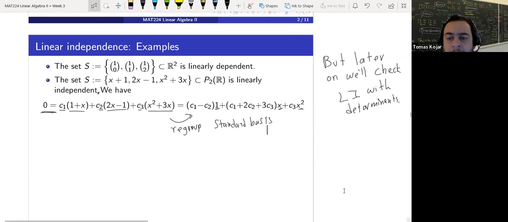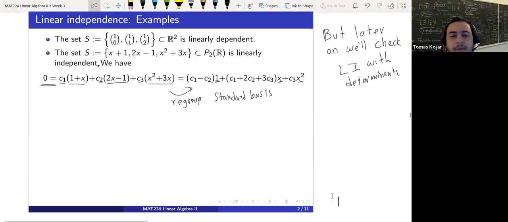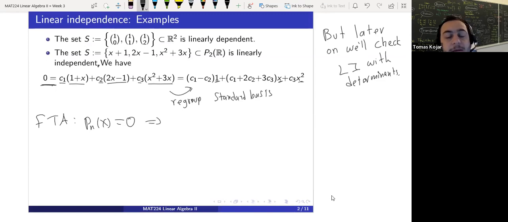And from here, you use the following fact. You use that by the fundamental theorem of algebra. The fundamental theorem of algebra says that Pn of x being 0, it has n roots. So let me say that because this is too confusing.